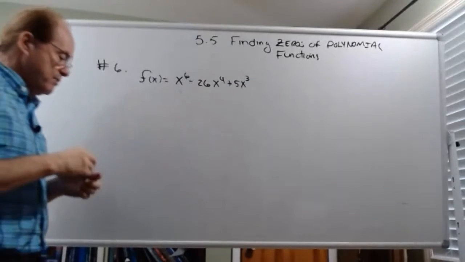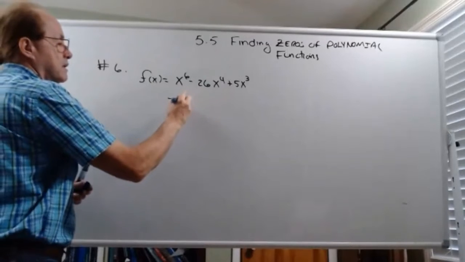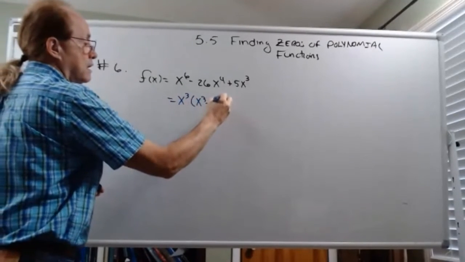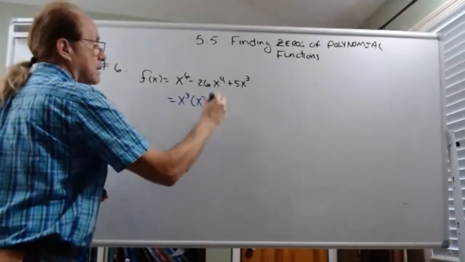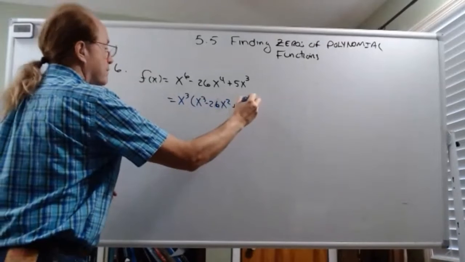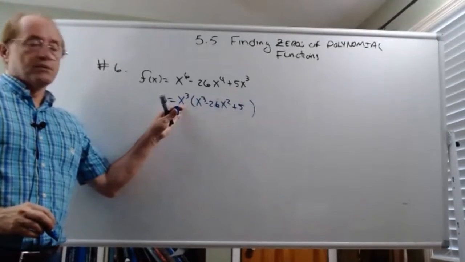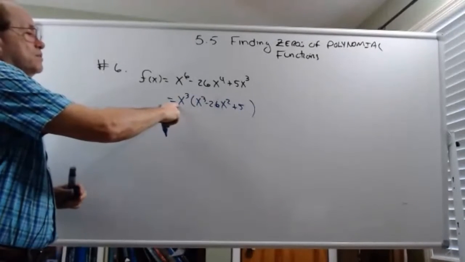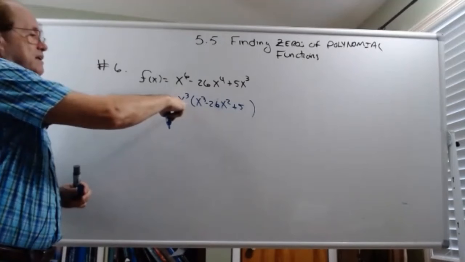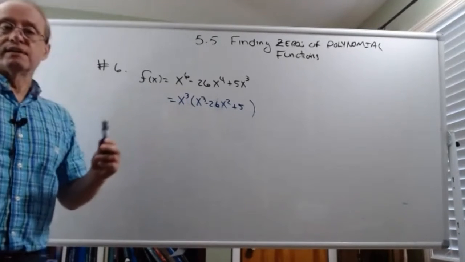So the first thing I would do is factor an x cubed out of everything. This tells me 3 of the zeros. So what I know is this thing is going to pass through the origin. x equal to 0 is a zero of this polynomial, and it has multiplicity 3.